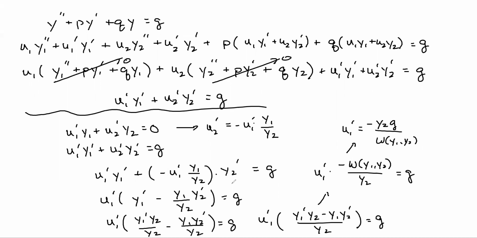Now at this point, if we had more room, we would do it on this page. But at this point, you want to take what we got for u1 prime and plug it in to get u2 prime. Again, this is the same thing that we did last time. So we have u2 prime equals u1 prime times y1 over y2. And we have u1 prime, which we just finished figuring out equals negative y2 g over the Wronskian of y1, y2.